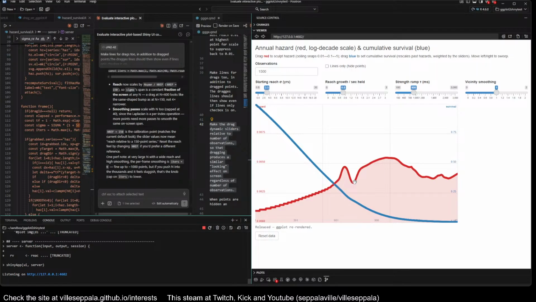So it's supposed to create a balance between the line being smooth and accuracy on individual points, and these sliders up here control that balance.